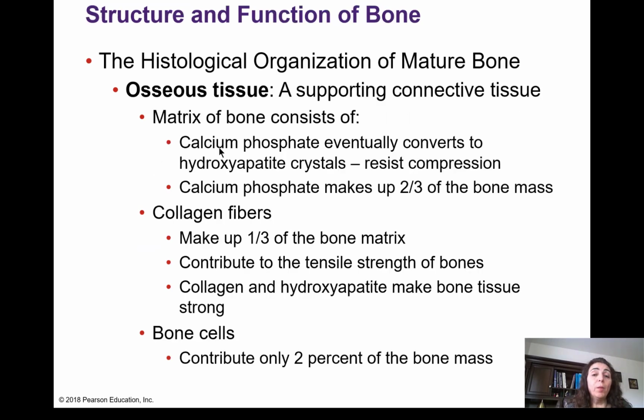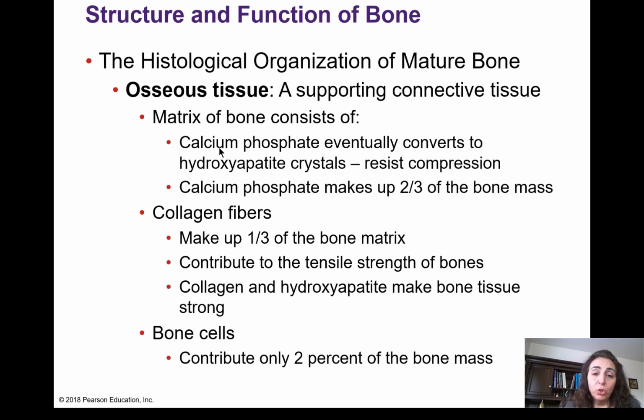So those were just the main functions of the skeletal system as a whole system, right? Now getting back to the level of the tissue. We said that the bone as a tissue is a connective tissue, right? So let's talk about that more. We name the bone tissue osseous.